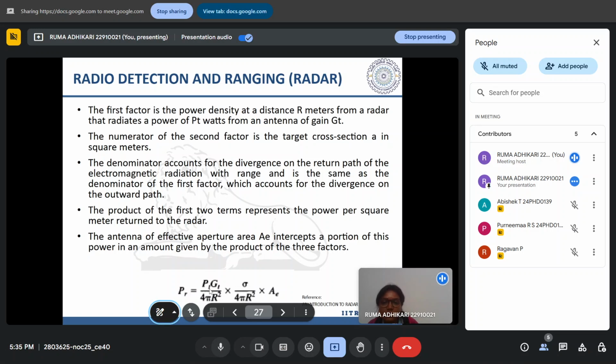So we can visualize: if we want to increase r, we have to decrease the received signal, or numerically if we want to decrease r, we have to increase the received signal. To increase the received signal, the first thing we have to do is increase the transmitted signal also. That way we have to visualize the radar equation.